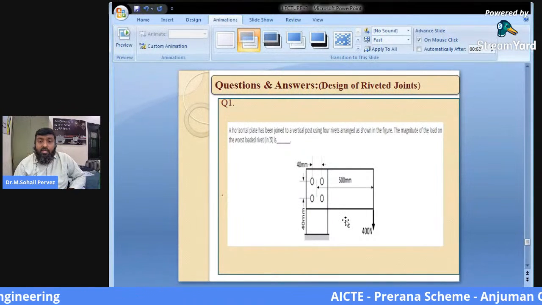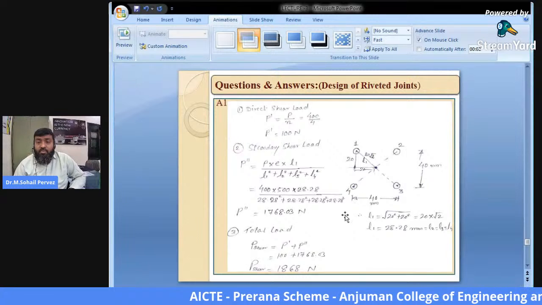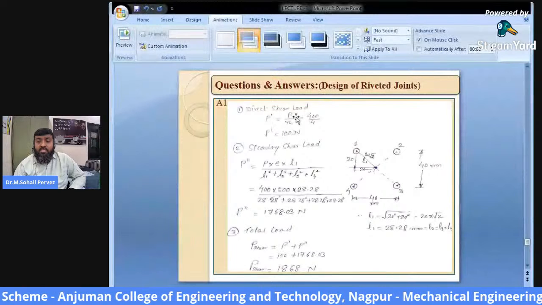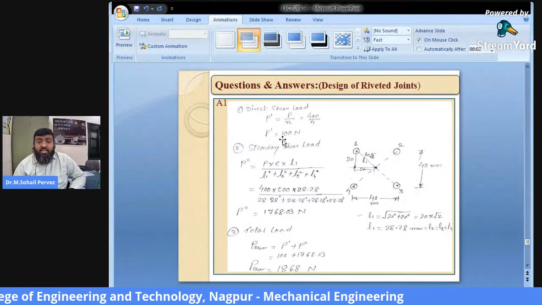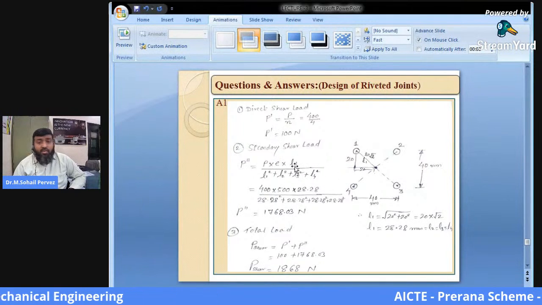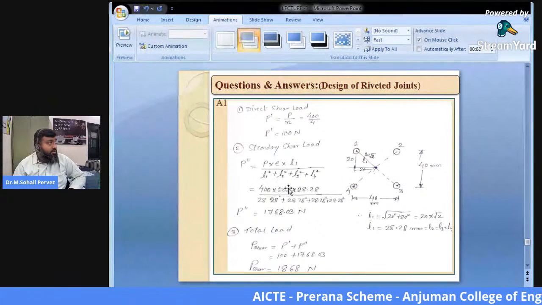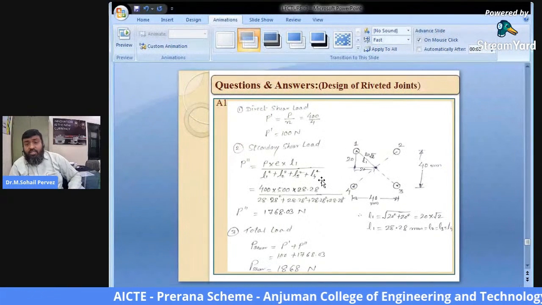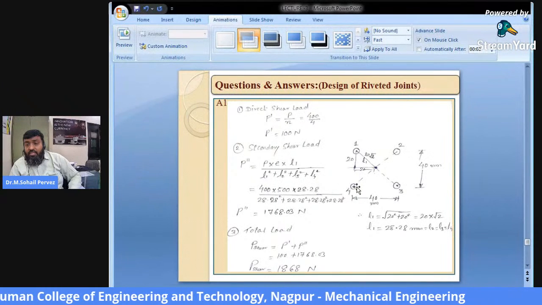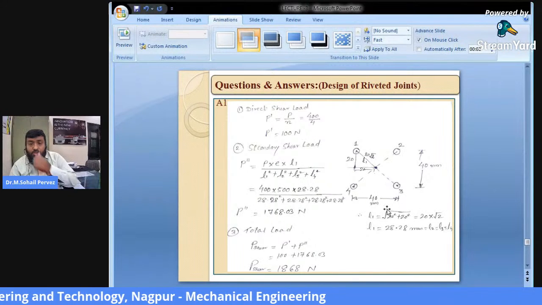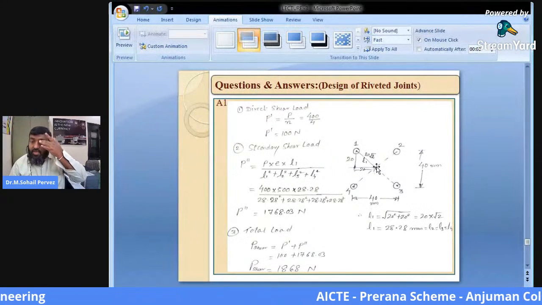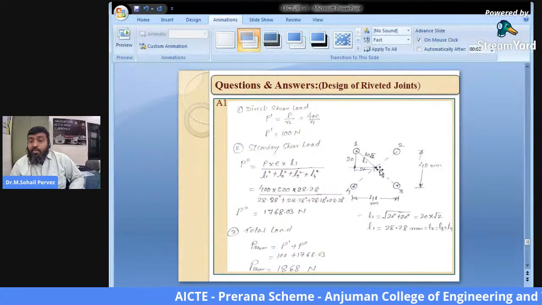So here the direct shear load, I have solved this problem. Direct shear load P dash is equal to P upon N, so P dash is 100 Newton. Then for secondary shear load, we can directly use the P2 dash formula itself. But how to calculate L1, L2, L3 and L4? To calculate them, I have drawn this simple geometry of the rivets, where this point shows the center of gravity, because this is a square setup.